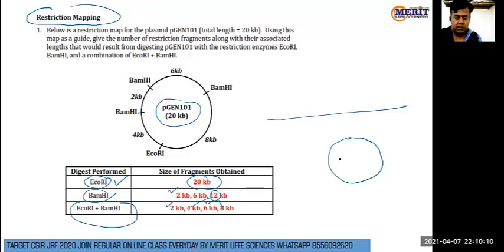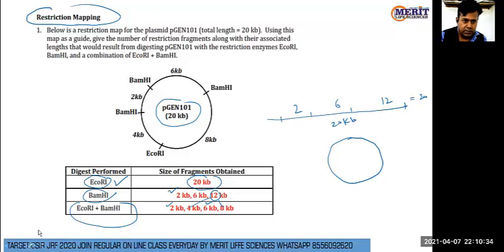Right, and then you can also locate, suppose EcoR1 20 kb, this is the total length, and BamH1 2, then 6, and then 12. Okay, so this is also equivalent to 20.